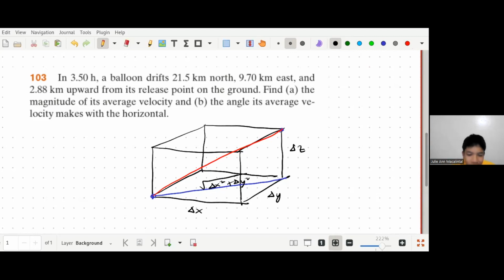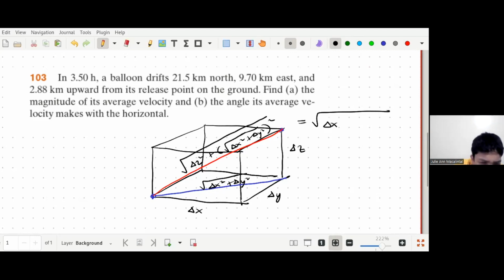And then Pythagorean again: delta z square plus the square root of delta x square plus delta y square, squared, and then square root. Eventually, babalik tayo sa delta x square plus delta y square plus delta z square. So, sequence of right triangles yung ginamit.